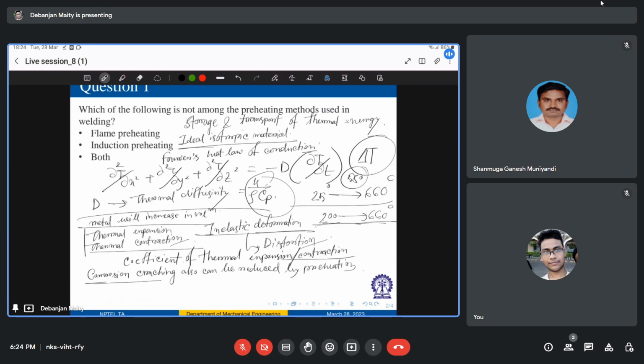Now, in terms of preheating, what are the different processes you can use for preheating the metal?